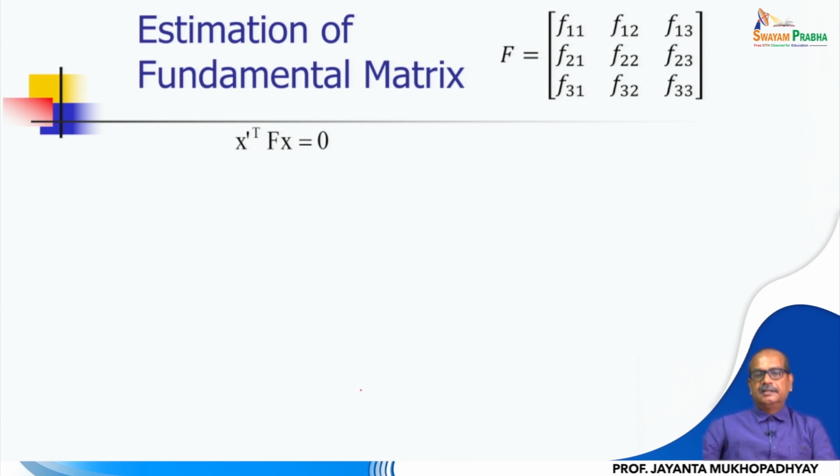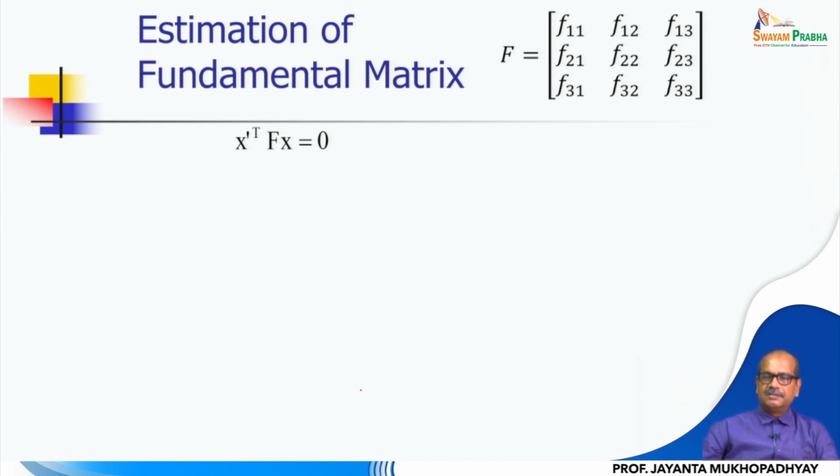Let us consider the case of estimation of the fundamental matrix. The observations we get from two images, we can identify pairs of corresponding points by the image processing we have discussed already, say feature extraction, and by matching the features you can get those corresponding pairs of points.